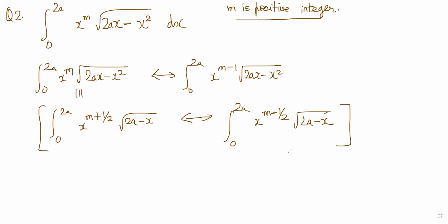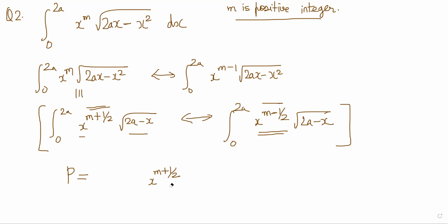Again, we'll follow the rule where we construct a p, and p will be composed of two factors. One is x, one is root of (2a − x). And what are the powers? We take x, we take the lower power, m − 1/2, amongst m + 1/2 and m − 1/2, and we add 1 to it, right? It becomes m − 1/2 + 1, which is m + 1/2. Actually, we don't need to put an integral.